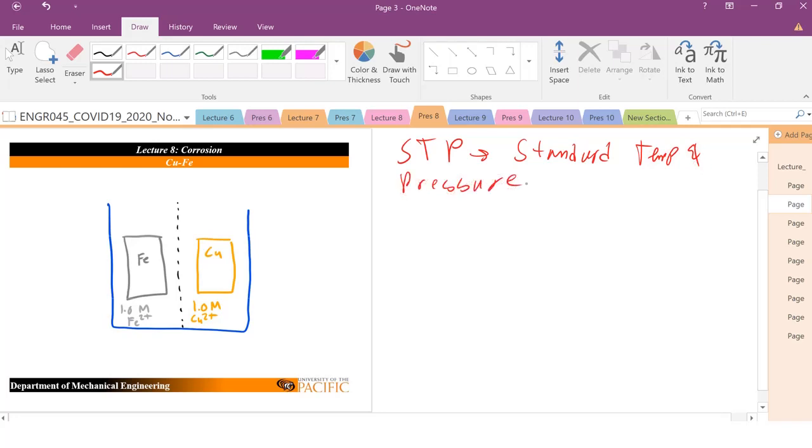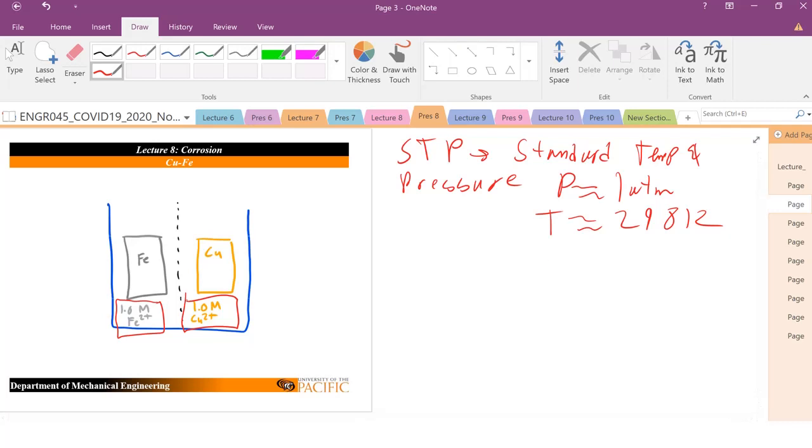At these conditions, our pressure is approximately 1 atm, so basically standard pressure. Our temperature is basically room temperature, 298 K. You see here that our iron is immersed in a 1 molar solution of Fe2+ ions, and our copper is immersed in a 1 molar solution of Cu2+ ions. That's the key.